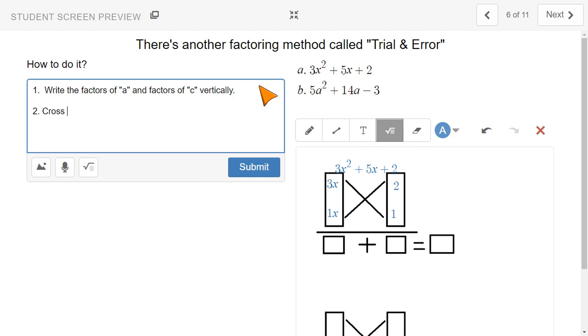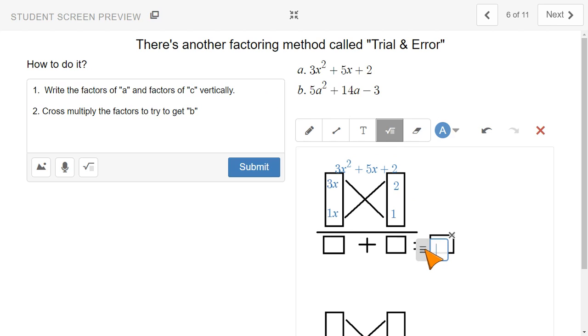Next, we're going to cross multiply the factors to try to get B. So our B term, we're going to place it here. We need a 5x. Am I going to get 5x? 3x times 1 gives us 3x, 2x and 1, 2x.